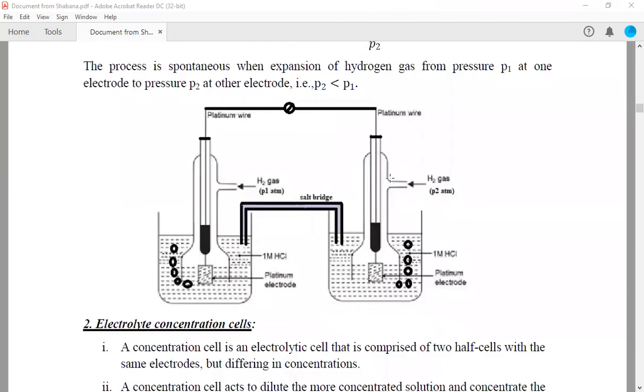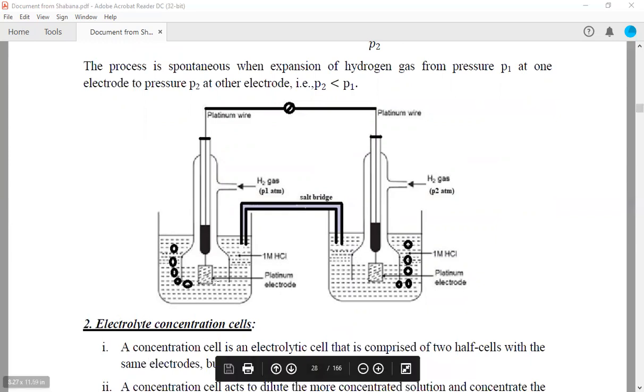That means this is the construction of the electrode concentration cell. In this, this is considered as one half cell and this is considered as another half cell.